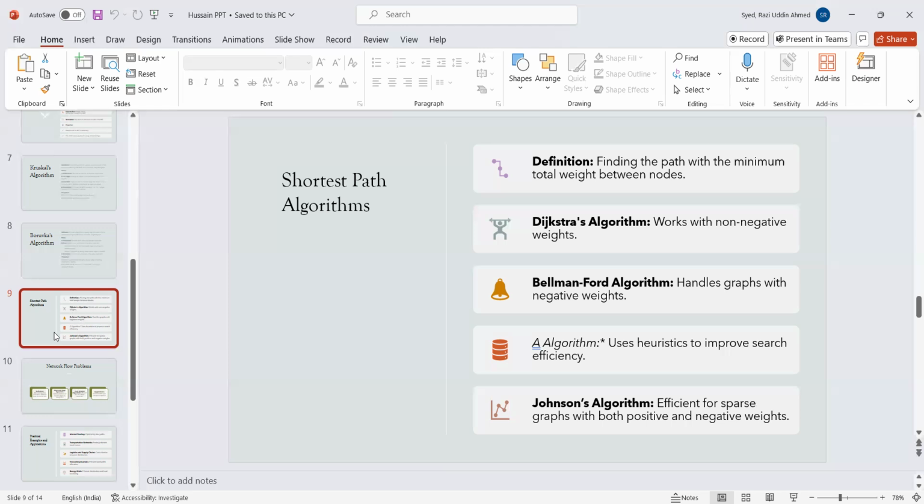A property is that it is efficient for pathfinding problems where you can estimate the remaining distance. For example, GPS navigation systems, where you use both the actual distance and a heuristic to find the shortest path. So nowadays, everybody uses the GPS system to navigate. It's easier to travel and everything.